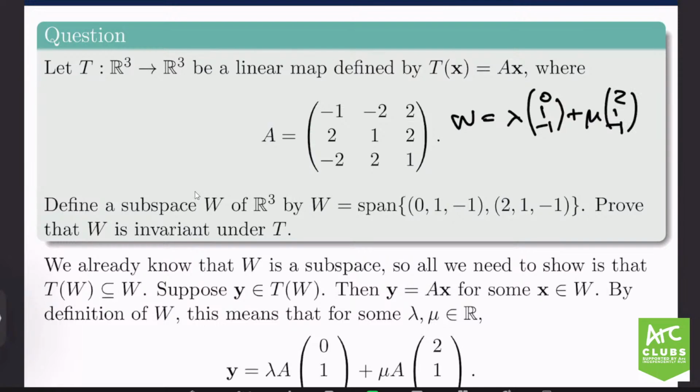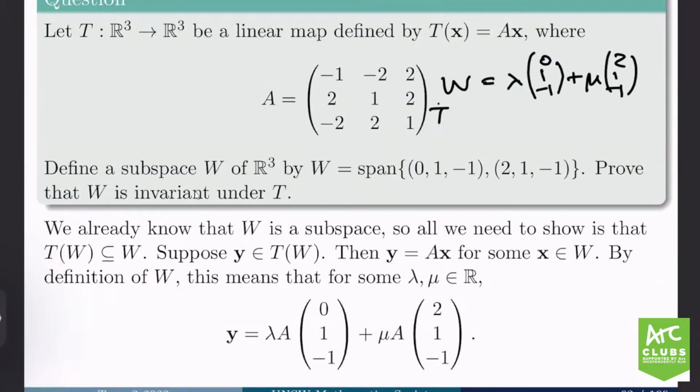So T of x will just equal the matrix A multiplied here, which is just a matter of multiplying each component vector. So we get this.